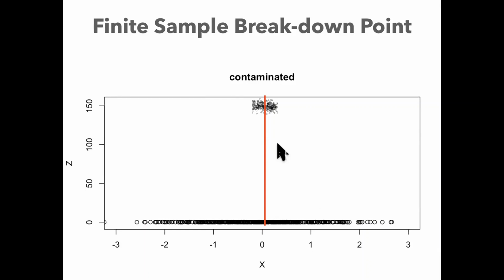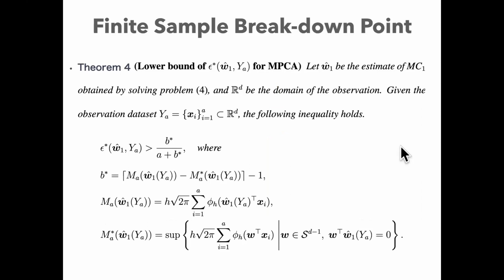And again, unfortunately, it is in general difficult to calculate the value of the breakdown point without knowledge of the ground truth probability distribution of the inliers. However, for the estimate of the first minor component, we can calculate the lower bound of the angular breakdown point by using the observed data only.